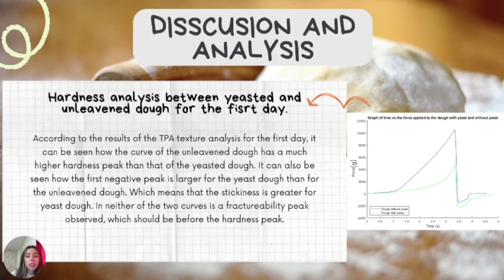It can also be seen how the first negative peak is larger for the yeast dough than for the unleavened dough, which means that the thickness is greater for the yeast dough. In neither of the two curves is a fracturability peak observed, which would be before the hardness peak. And finally, neither curve has a second peak to calculate the cohesiveness of the sample.